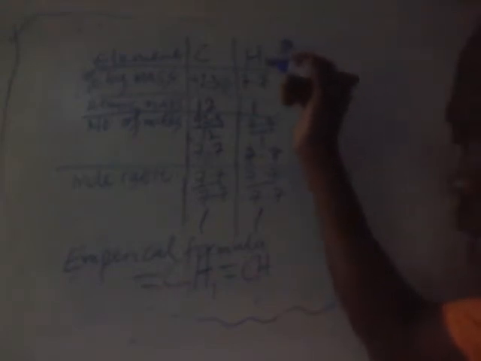Now continuing from here. For us to get the molecular formula from the empirical formula, we have to look at the molecular mass or molar mass.